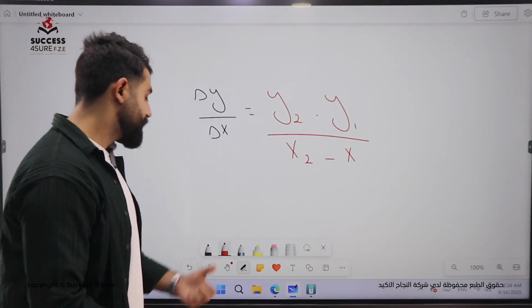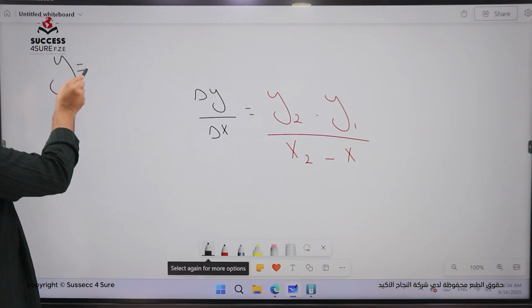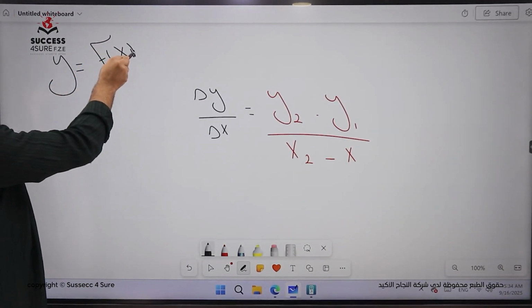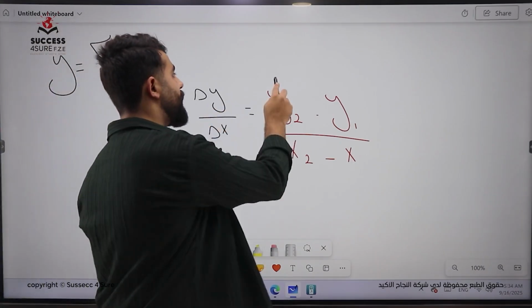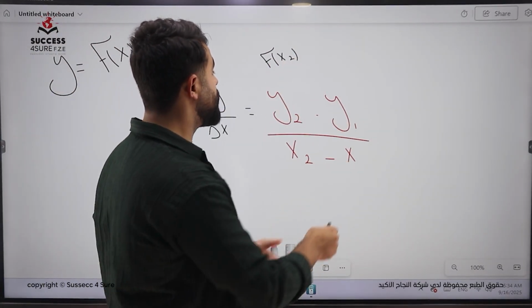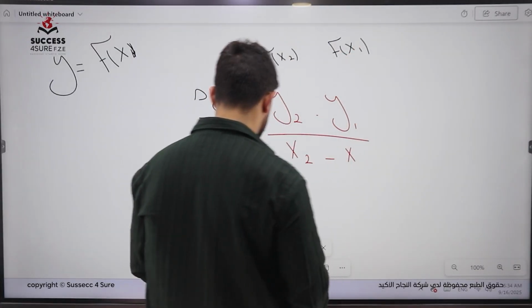It means the change. Now, we talked together before that y is the same as f of x, okay? So whenever you say y2, that means f of x2, and whenever you see y1, that means f of x1. And that's it.